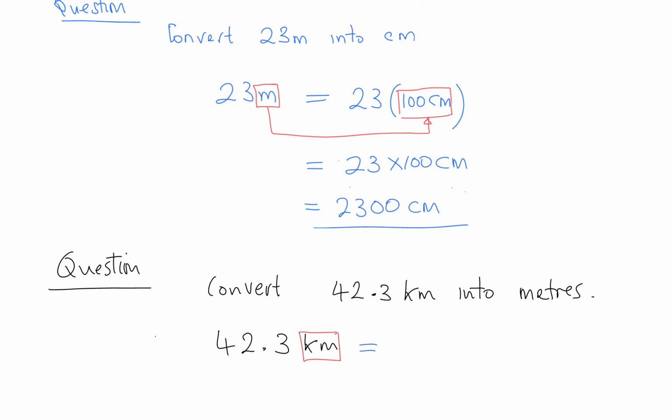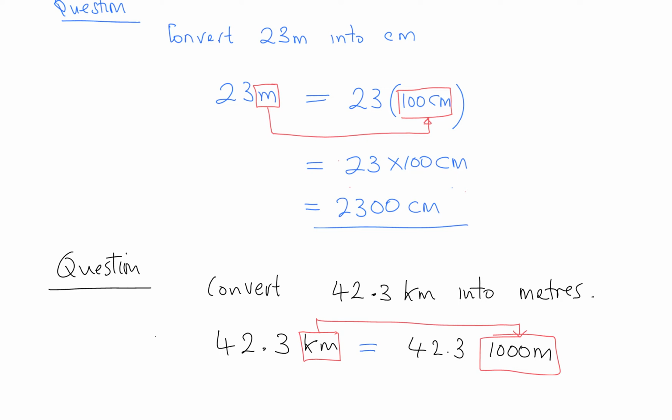So this is equal to, there's our 42.3. We'll just write that in the same colour. 42.3. And now we write our kilometres. So we've got, instead of kilometre, 1 kilometre is 1,000 metres. So those are now exactly the same. These are just multiplied together now.